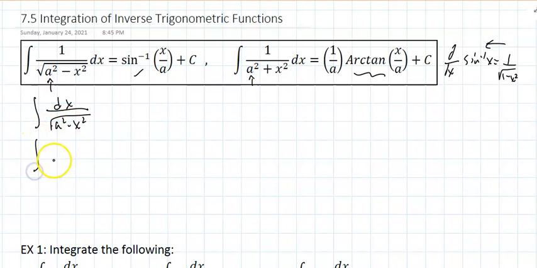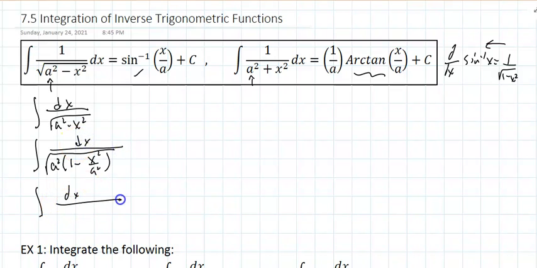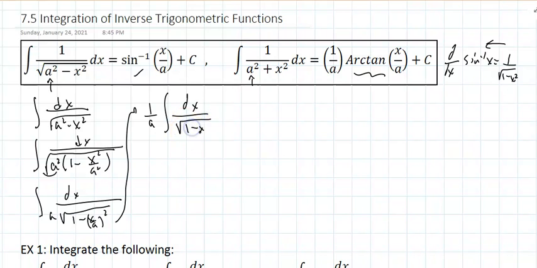I'm going to factor out an a squared, and that would be the integral of dx over the square root of 1 minus x over a squared, and that a right there comes out, so that's 1 over a, the integral of dx over the square root of 1 minus x over a squared. I don't like this x over a here.